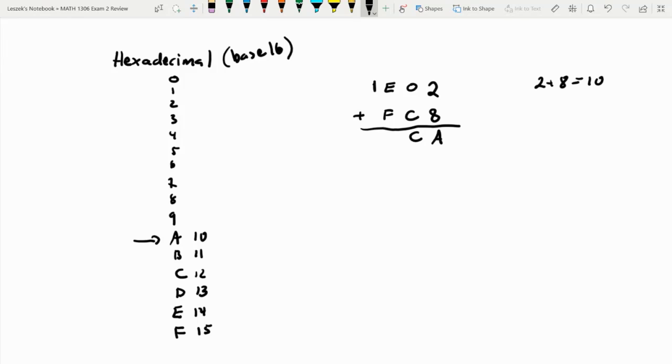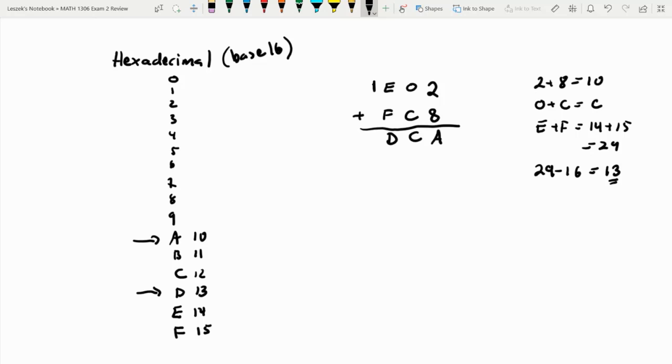Then third column, E plus F is really 14 plus 15, 29. This is bigger than the base value, so we subtract the base value of 16, and we get 13. Okay, so we would put down the digit representing 13, D, and we carry 1. And then 1 plus 1 is 2, and we're done.